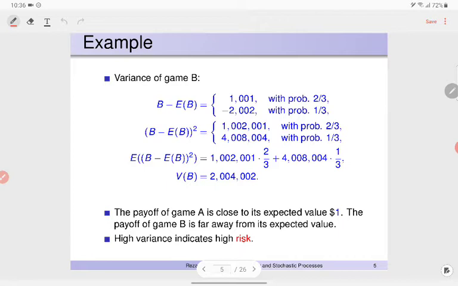This variance is way larger than the variance of A. This variance basically tells us about how it deviates. The payoff of game A is close to its expected value, namely $1. The payoff of game B is far away from its expected value, and this high variance indicates high risk.